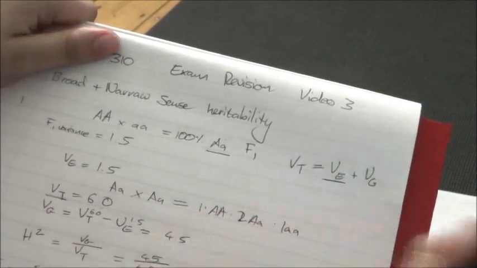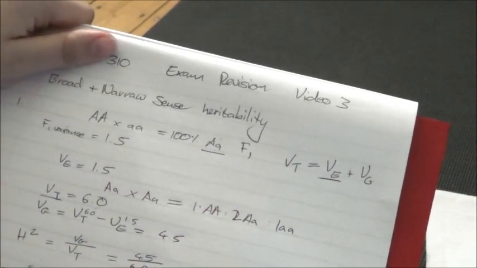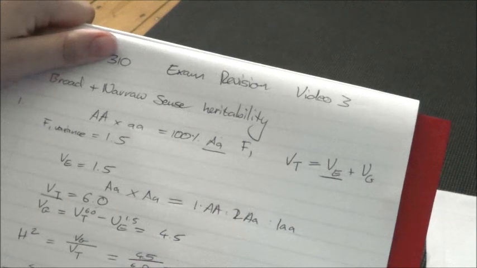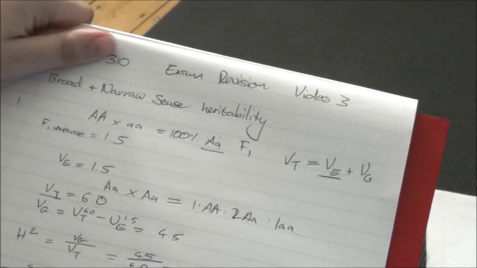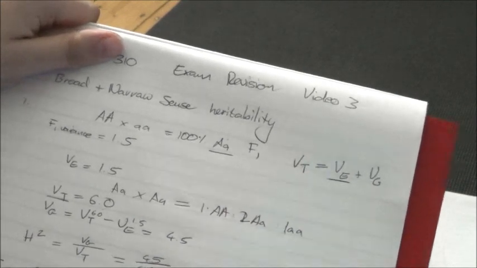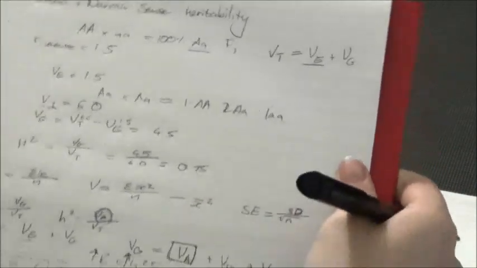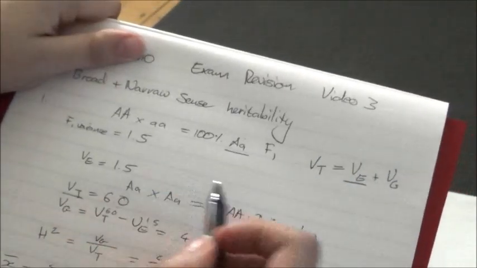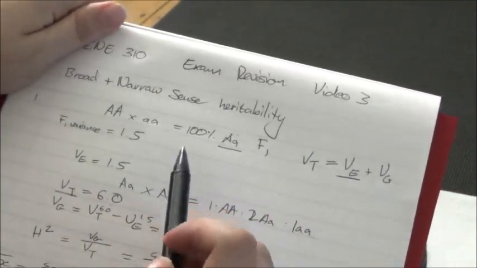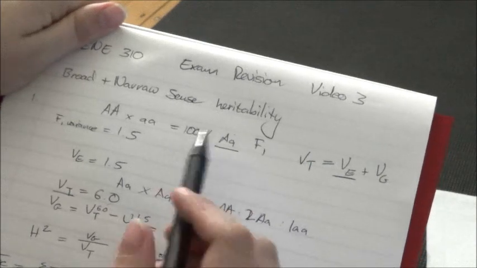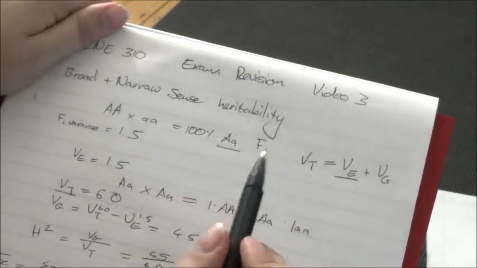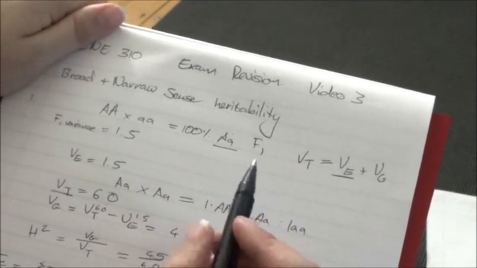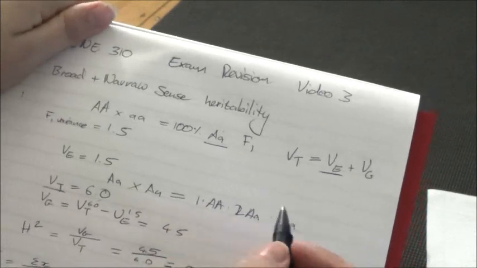Now, that is not quite the case with this question, which is why people got slightly confused when they did this in the tutorial. What you need to understand is that in the first question, they assumed that in the 2 breeding lines of the 2 parents, there was absolutely no variation. The variance was equal to 0.